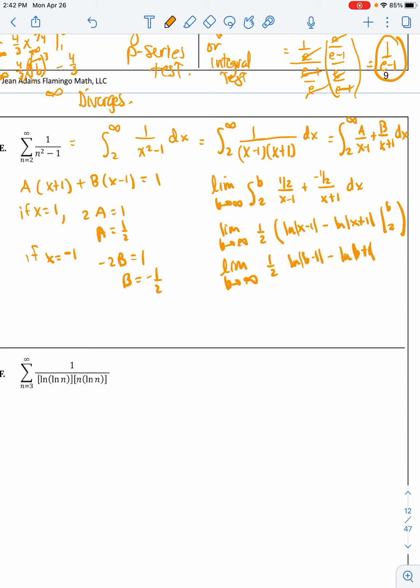And so we've got 1/2 times ln of b minus 1 minus ln of b plus 1, minus ln of 1 minus ln of 3.